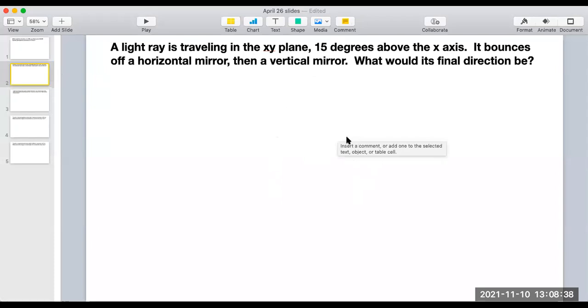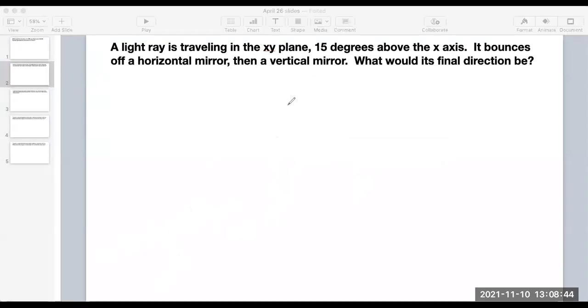So all of this is just going to be in the XY plane. You can have mirrors which do things in 3 dimensions, but they're just hard to draw. So sticking with our XY plane, we've got a horizontal mirror, a vertical mirror.